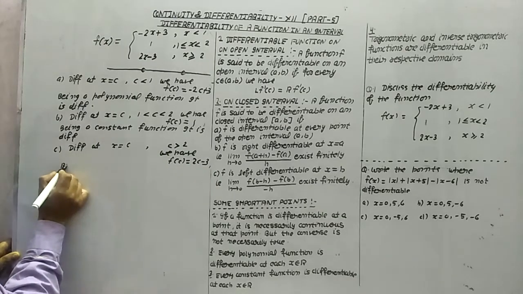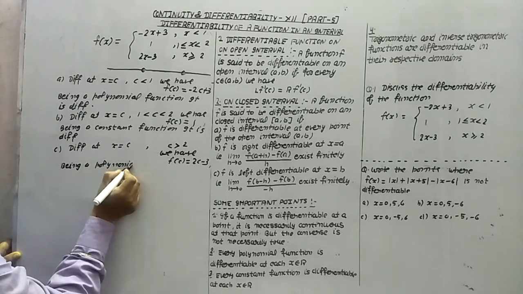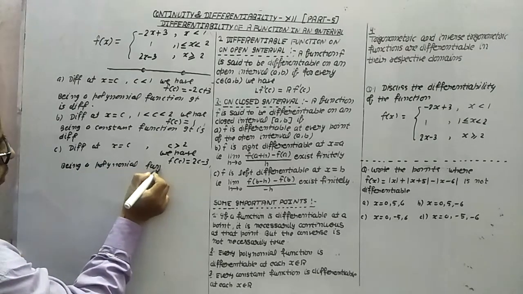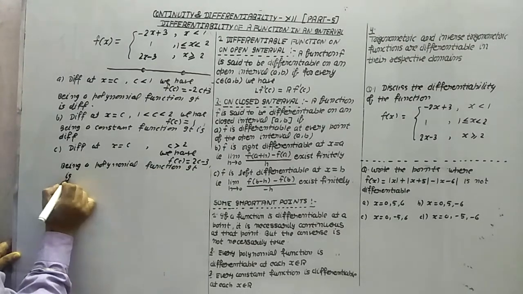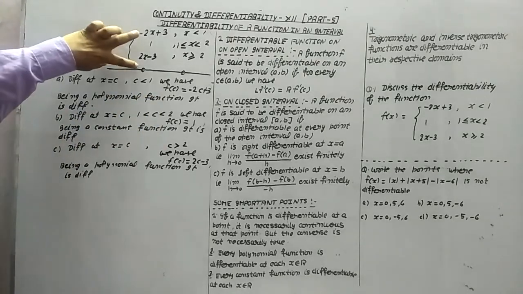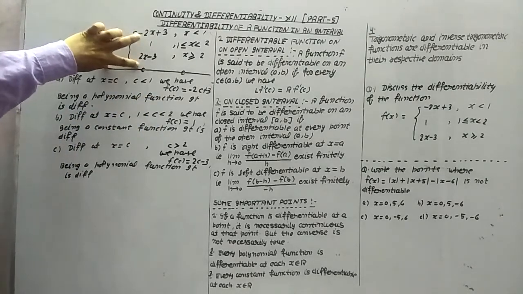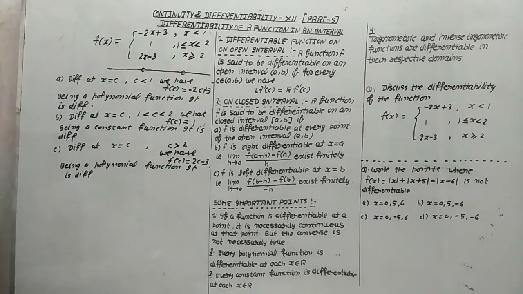Being a polynomial function, it is differentiable. So three parts we take like this on a number line: less than 1, greater than 1 and less than 2, and greater than 2.